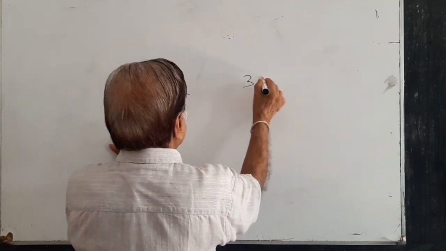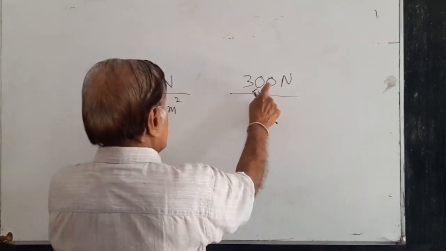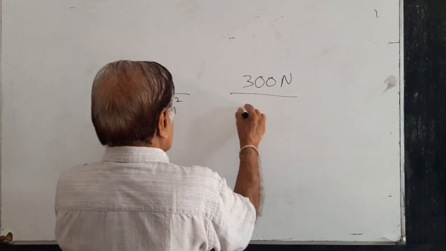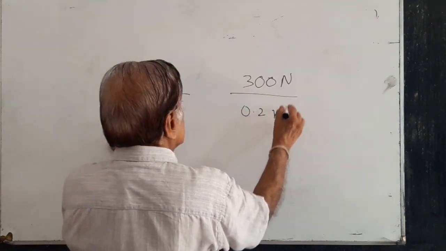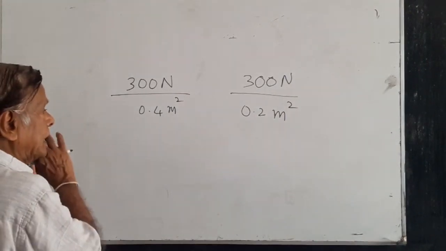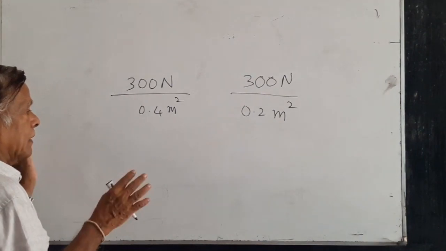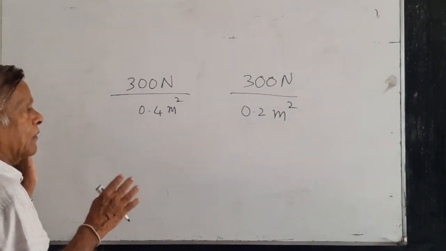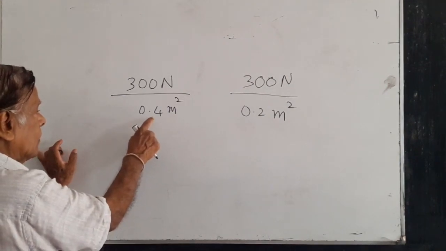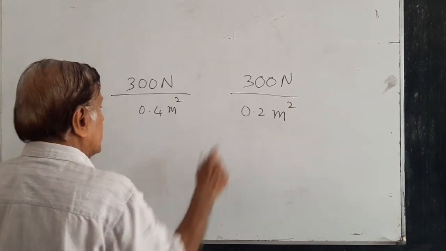The same force is applied on 0.2 square meters. Now here, the same force is applied on two different areas. Here the area is 0.4 square meter. Here the area is 0.2 square meters.